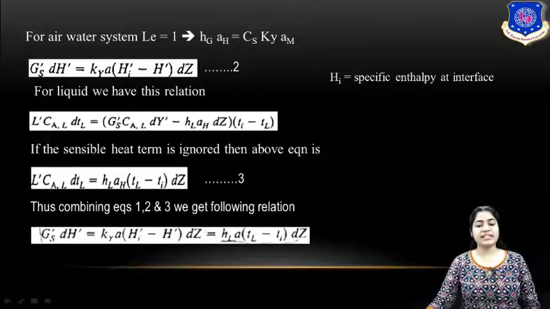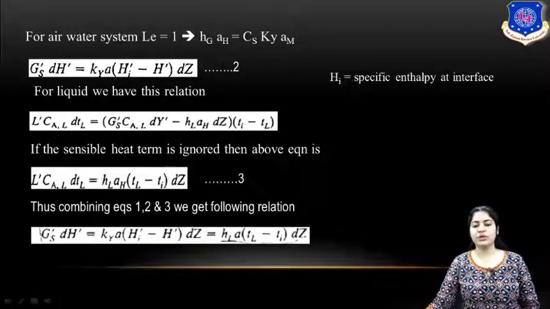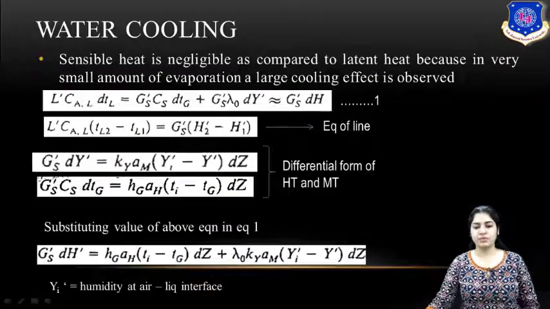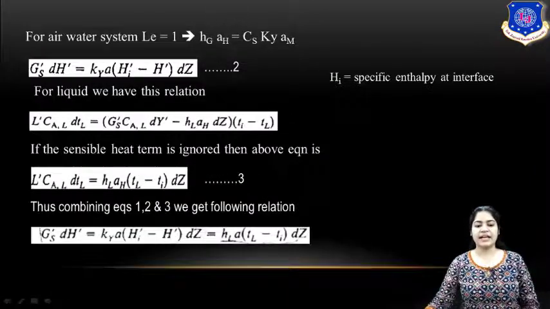Now if the sensible heat term of your gas is ignored, you get equation number 3. Now we are combining equations 1, 2 and 3, and you get the below equation. So see here, equation 1, then equations 2 and 3, when you combine them, you get this final equation.